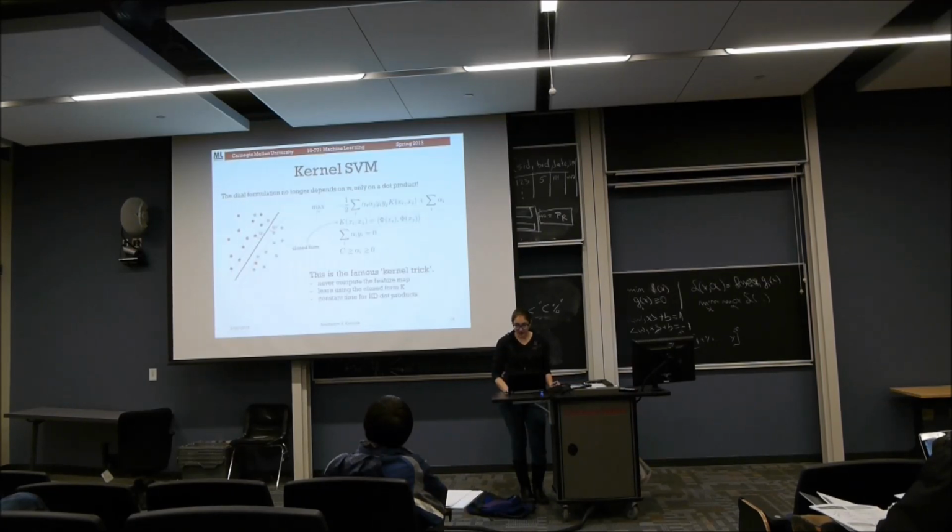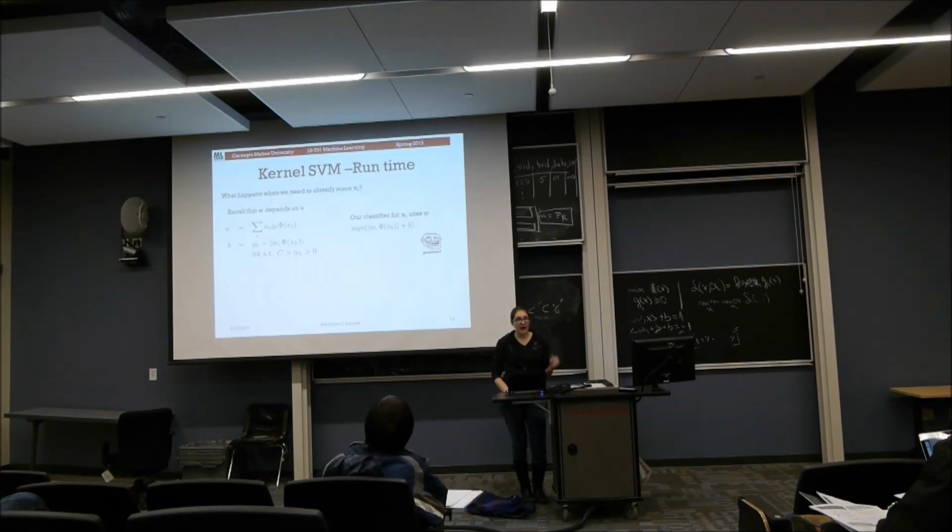All right, so what about runtime? What happens when we need to classify some point x0? Remember, W actually depends on alpha, and B can be obtained from W and alpha. But our classifier uses W. So do we have a problem?